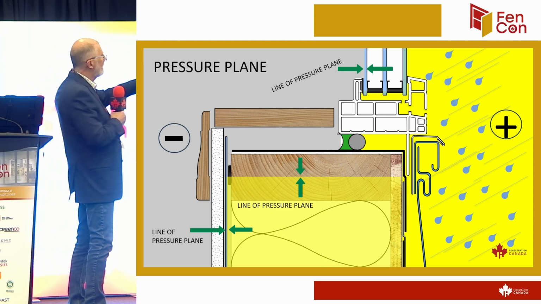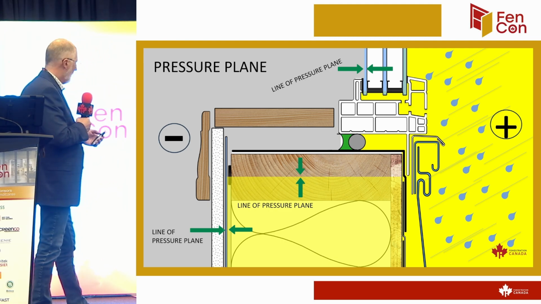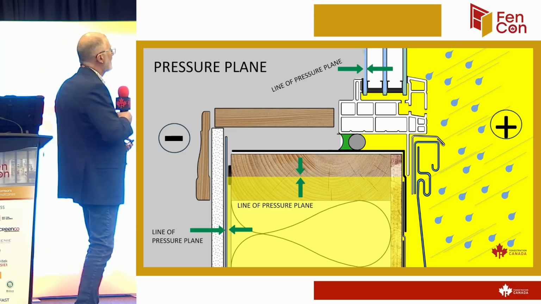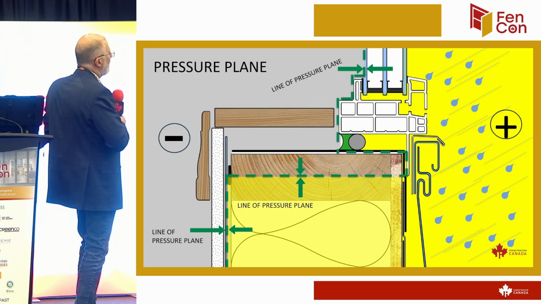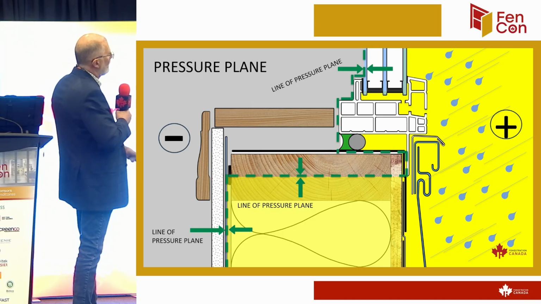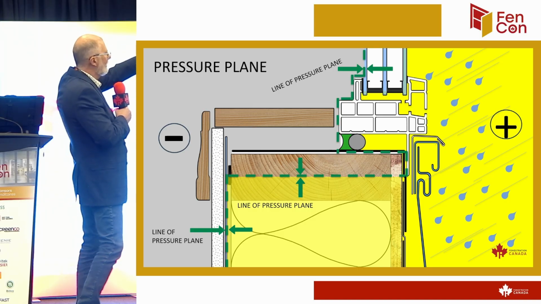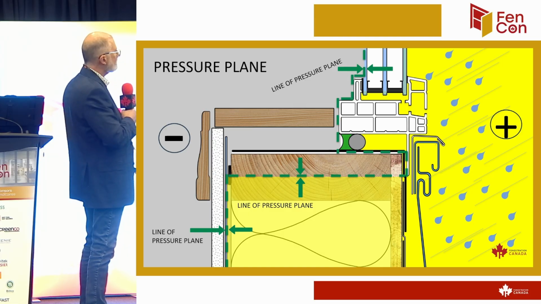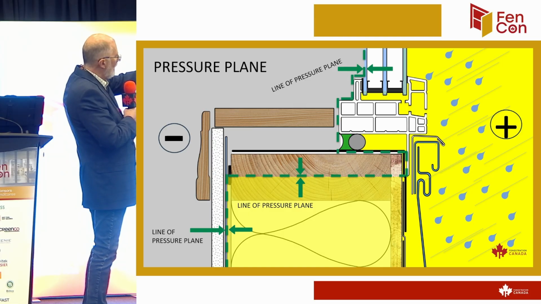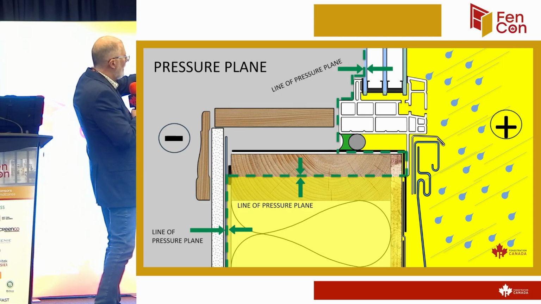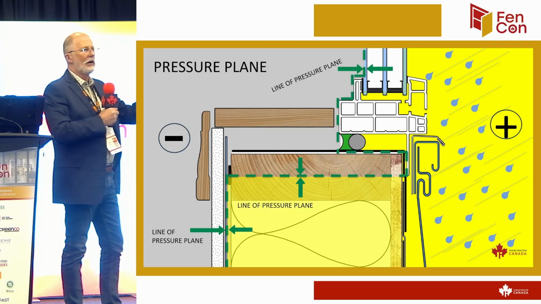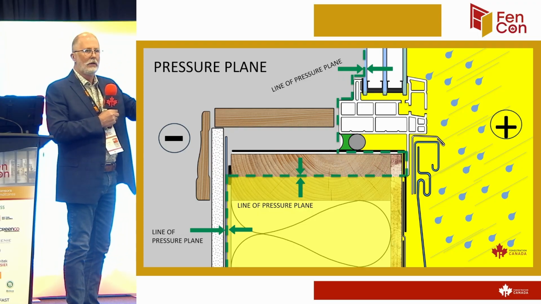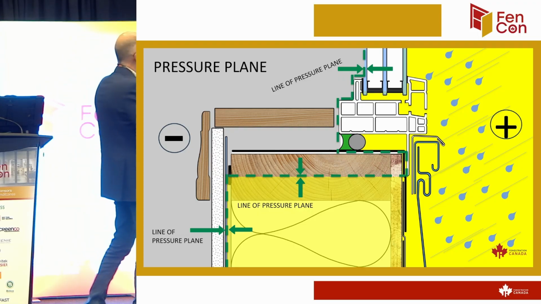Now, if we convert that principle to a window again, and we look at the green dotted line, here's our pressure plane. If you think of the pressure plane, it goes from the inside of the glass, around the inside of the frame, down through where the caulking and the closed sill backer rod are, and then it could flow straight down through the 2x4. It doesn't matter, anywhere in that bottom 2x6 material is all going to be the same air tightness.